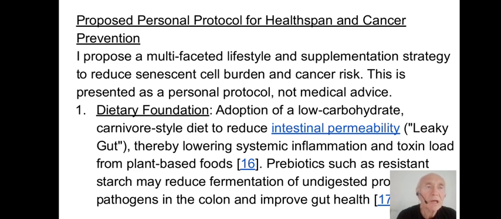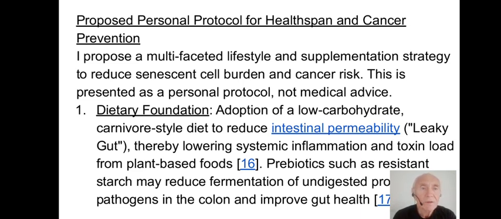Dietary foundation: adopting a low-carbohydrate, carnivore-style diet to reduce intestinal permeability. I was talking a lot about this, using a modified carnivore diet with megadoses of ascorbic acid and also with resistant starch together.